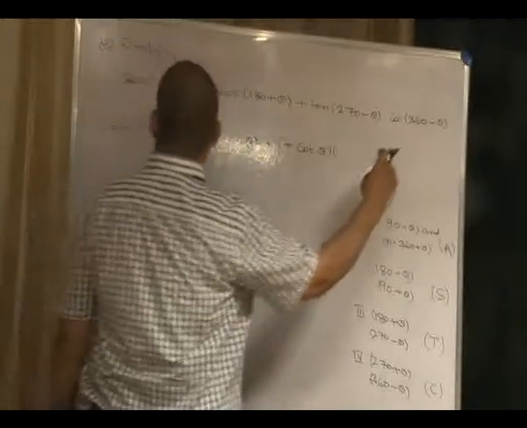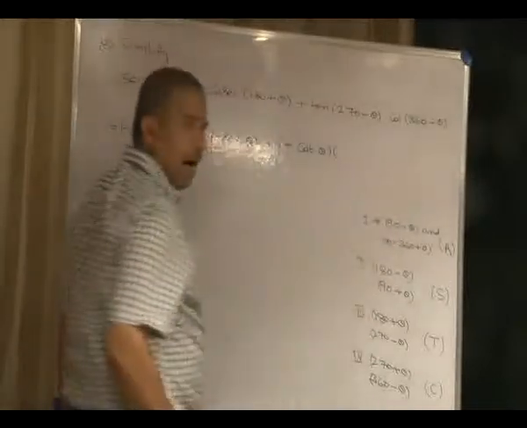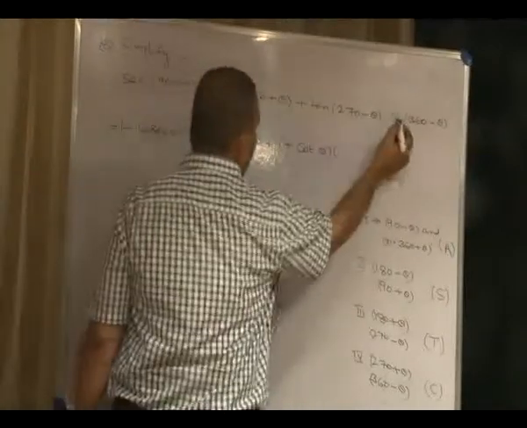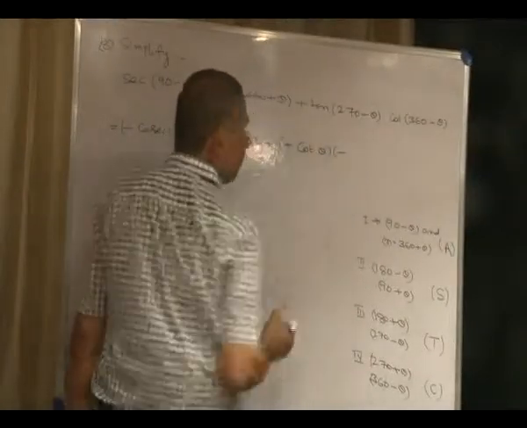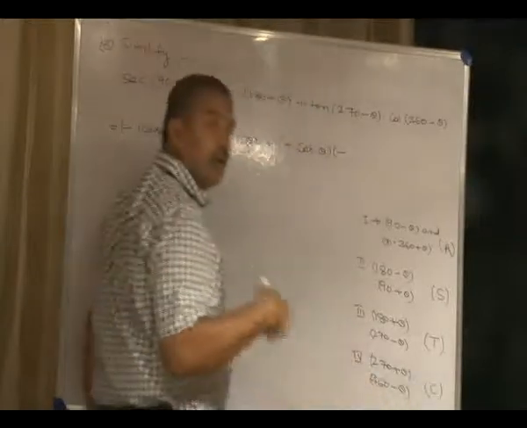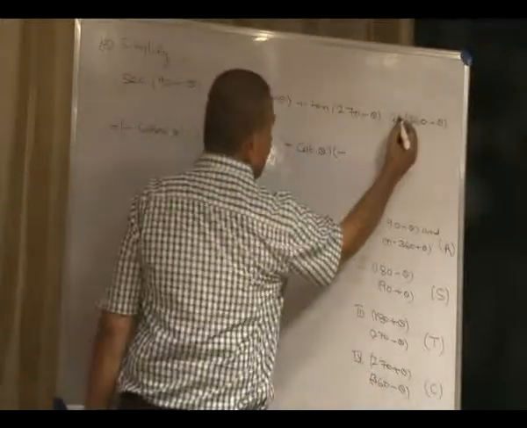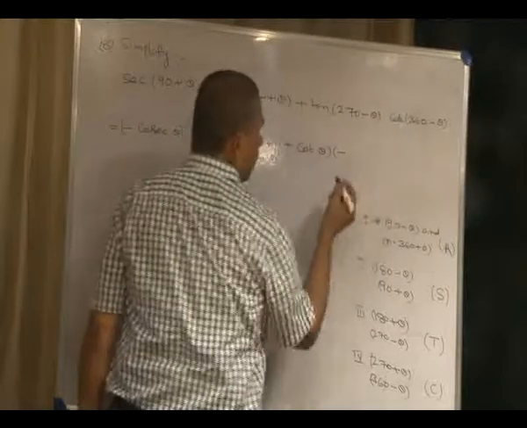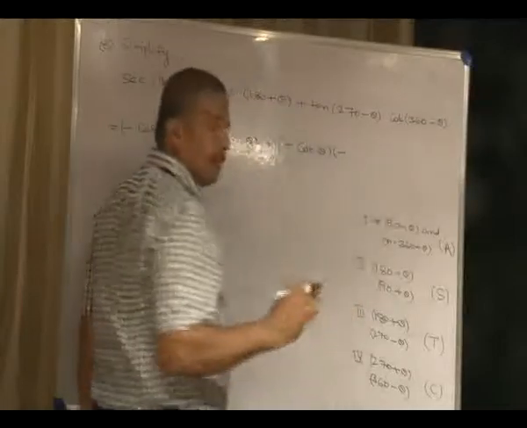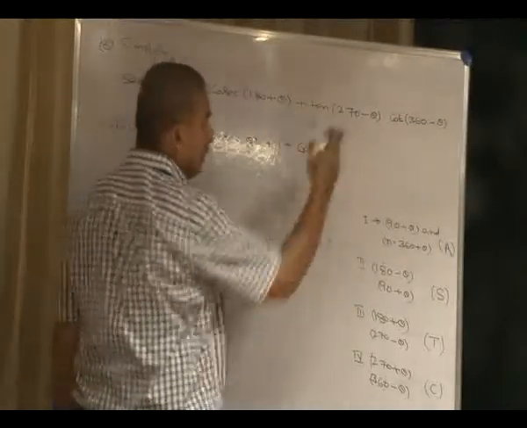Next, 360 minus theta. The angle 360 minus theta comes under the fourth quadrant. In the fourth quadrant cos and secant are positive, but cot is negative.